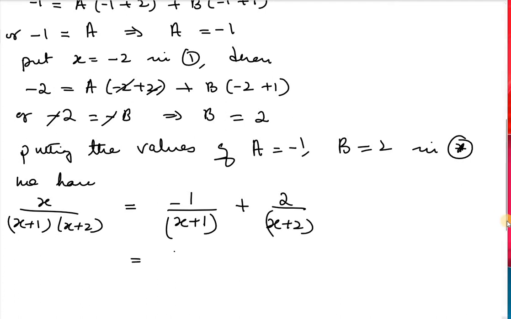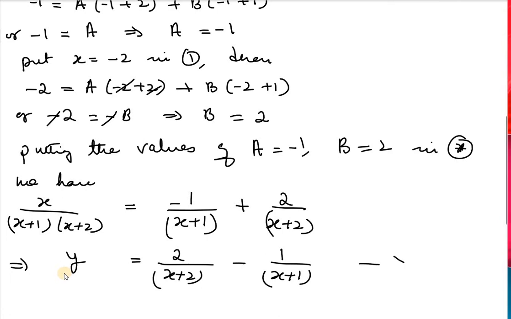Or I can simplify and write it as 2 by x plus 2 minus 1 by x plus 1. But what is this term on the left hand side? x upon x plus 1 into x plus 2 is y. So this implies that the value of y can be written in this way. Name it as double star.